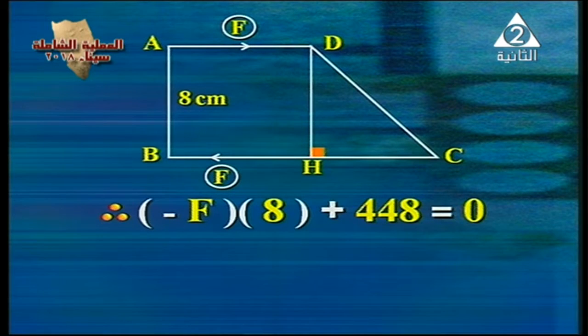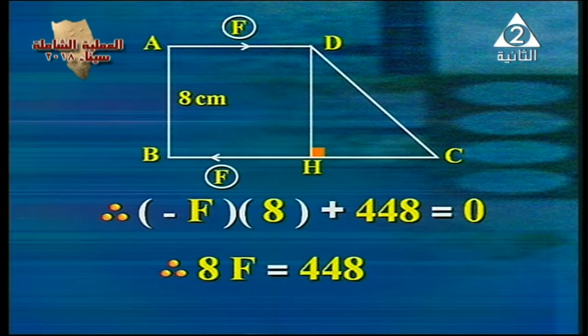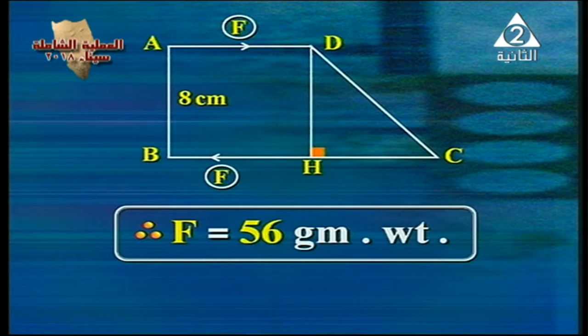The distance between them, DH, equals AB, each one 8 centimeter. We find negative F times 8 plus 448 equals 0, and then the value of the force is 56 gram weight. Remember, dear student, F times 8, this couple equals the first couple, and the second couple acts along AD and CB in the opposite direction.